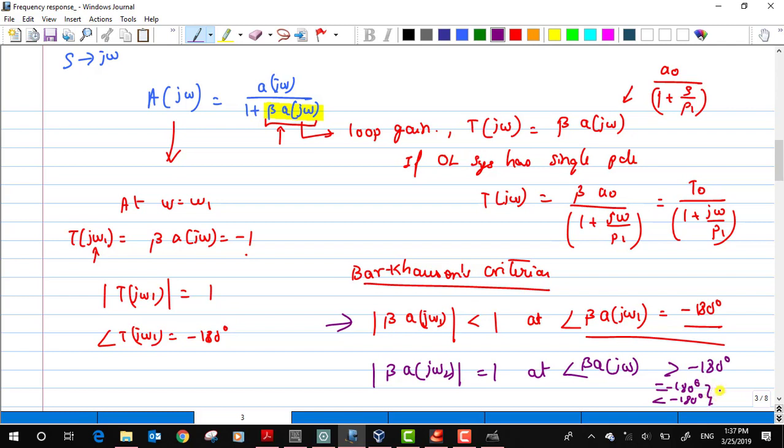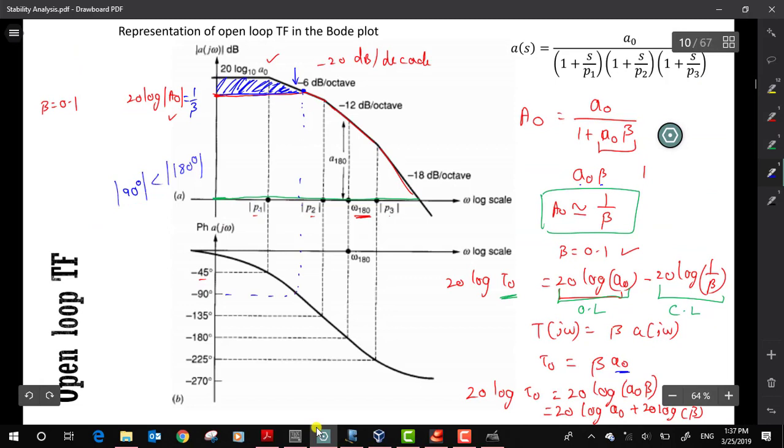In this case I have a value of minus 90 degree, which satisfies the first criteria. Minus 90 degree is greater than minus 180 degree. So when I form a feedback with a value of beta equal to this, the system would be stable.